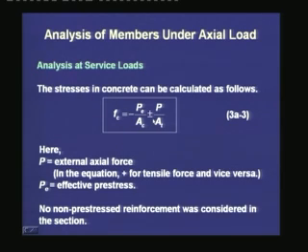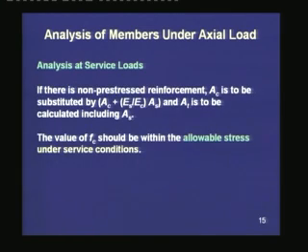Here also in the expression we have not considered any non-prestressed reinforcement. If there is non-prestressed reinforcement, then the area AC is to be substituted by AC plus the modular ratio times AS, and the transformed area AT is to be calculated including AS. That is the way we have seen to include AS in the previous expressions.